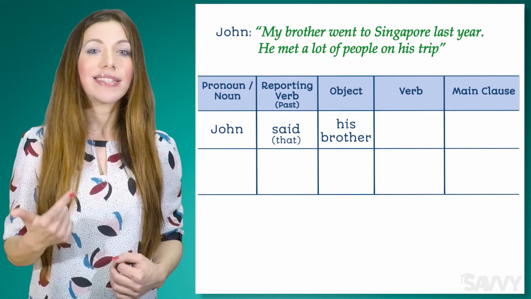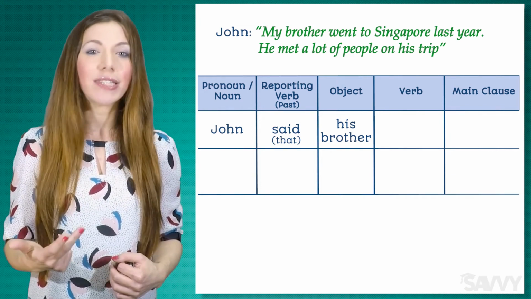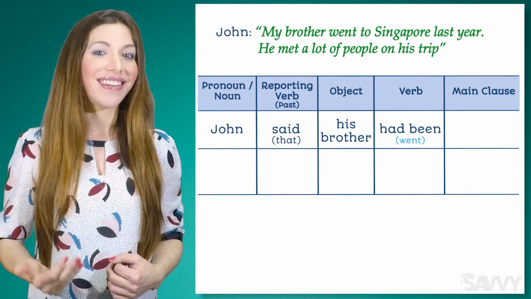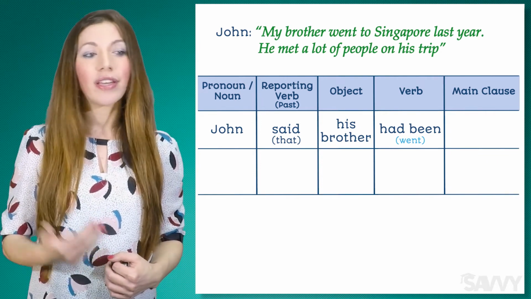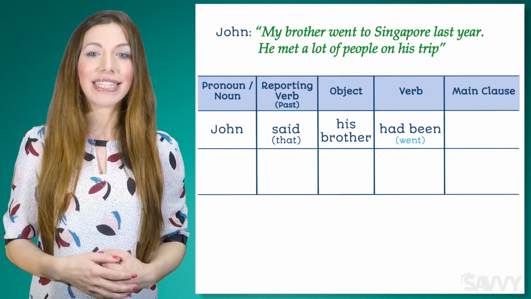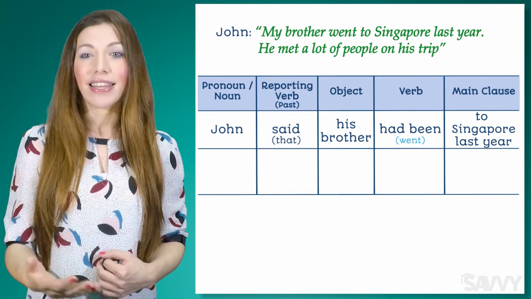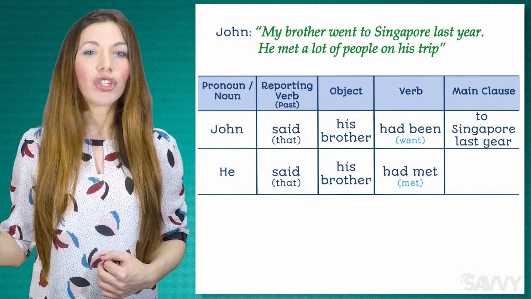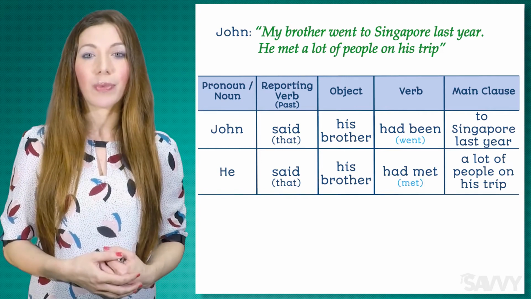So John said that his brother, the verb, had been, so we changed went to had been, and the rest of the sentence, to Singapore last year. The other sentence, he met, changes to had met a lot of people on his trip.